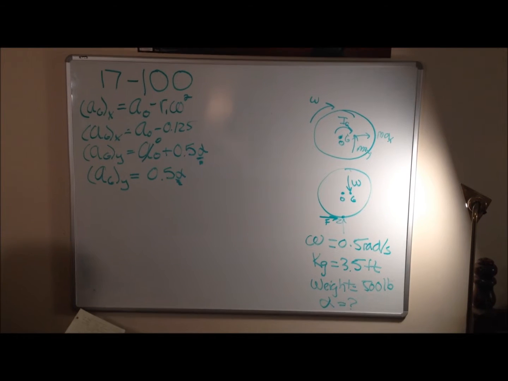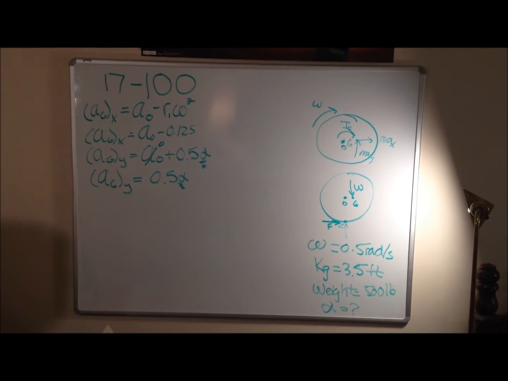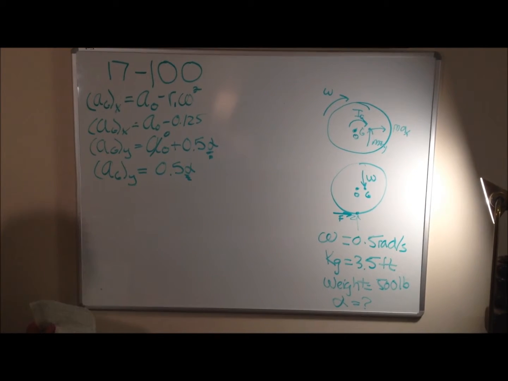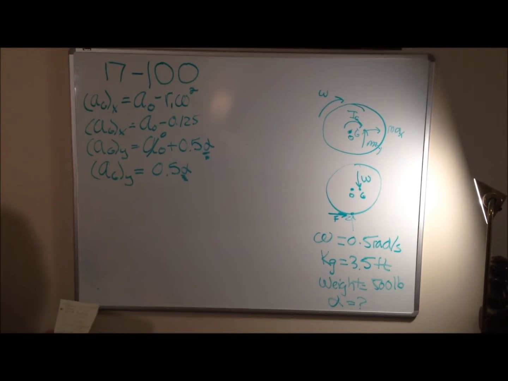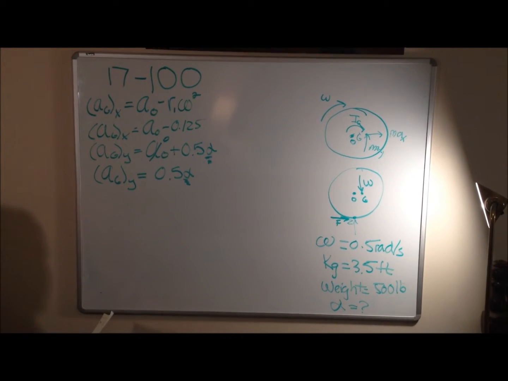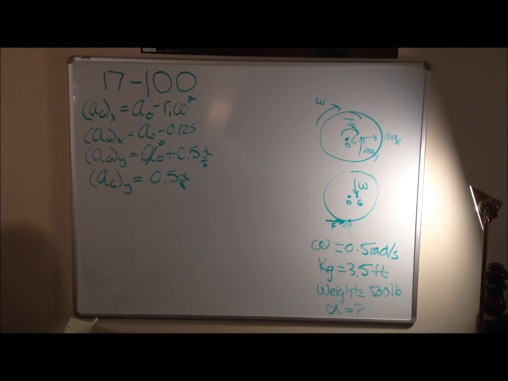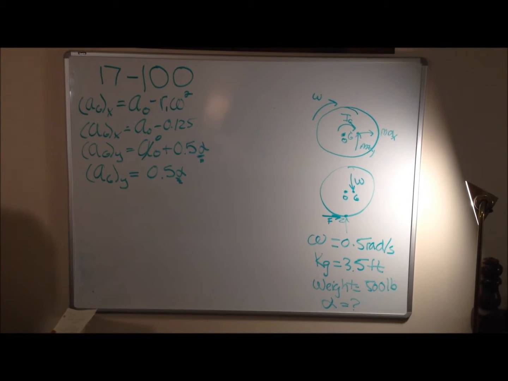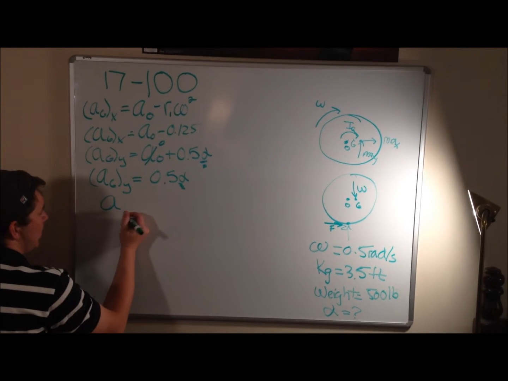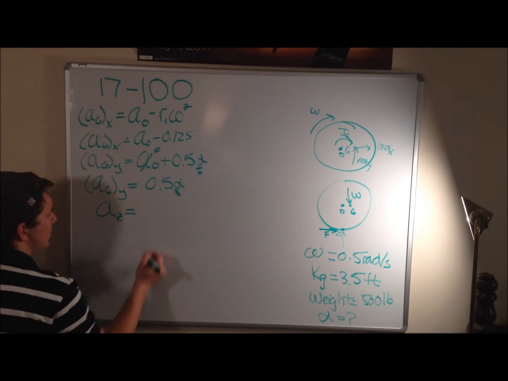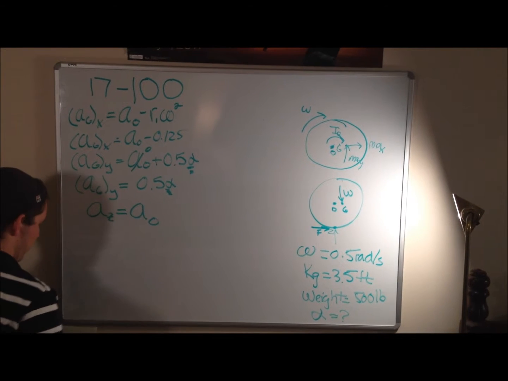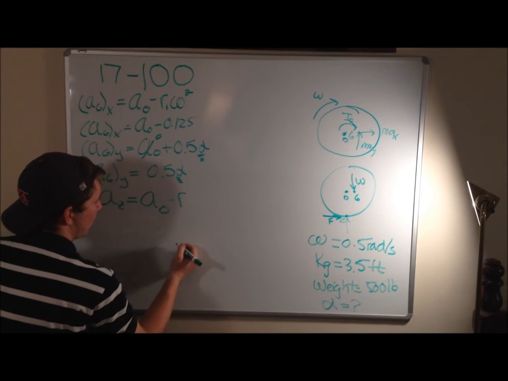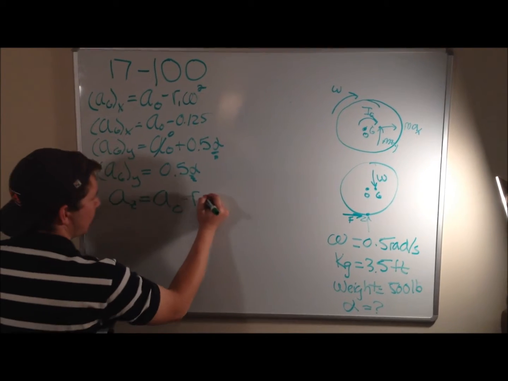So we're going to look at the acceleration of point O with respect to point Z, and then hopefully we can relate the acceleration of O in terms of angular acceleration. So we're going to write the acceleration of Z is equal to the acceleration of O minus R alpha.